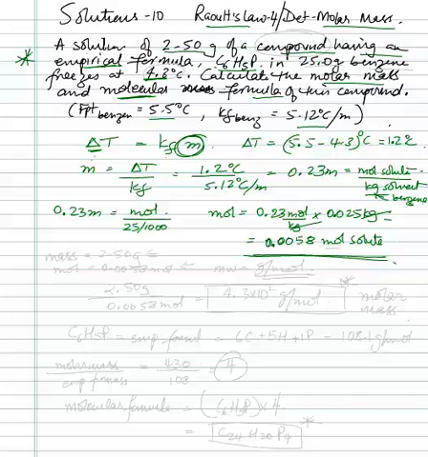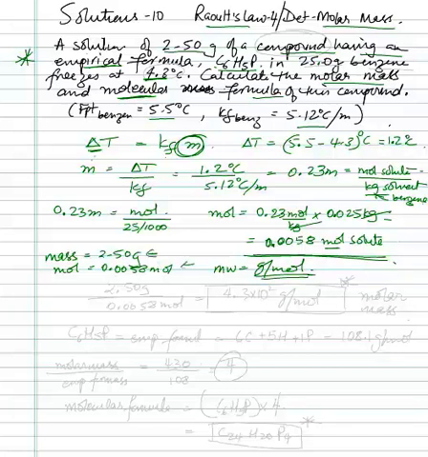Now we are calculating for the formula, which means that the mass is given to us. Mass is 2.50 grams, and we just calculated moles, which is 0.0058 moles. Molecular weight is grams per mole, so all we need to do is divide these two numbers.